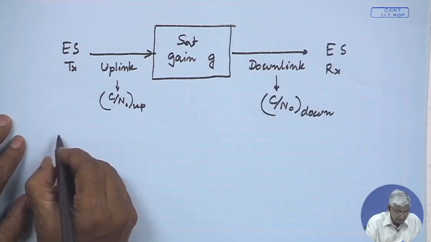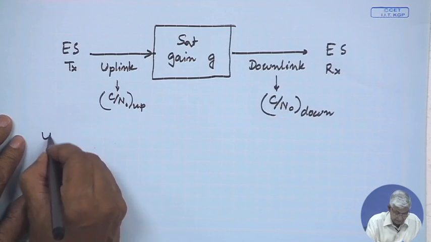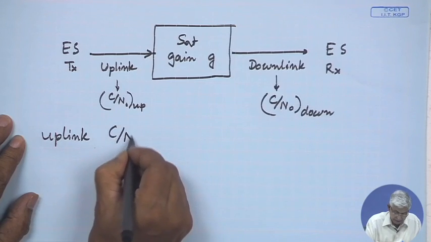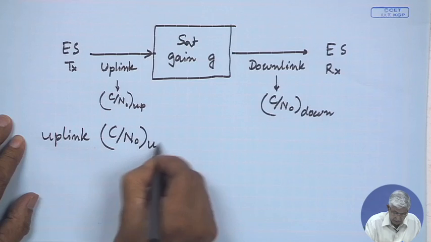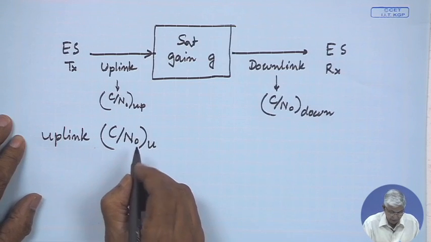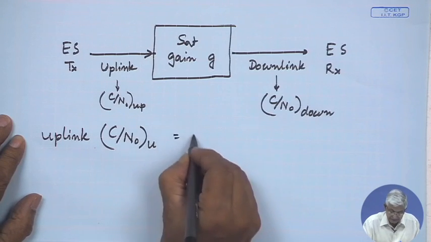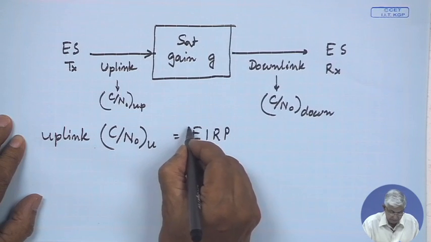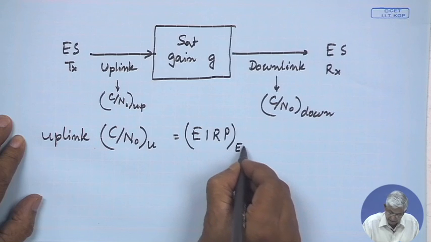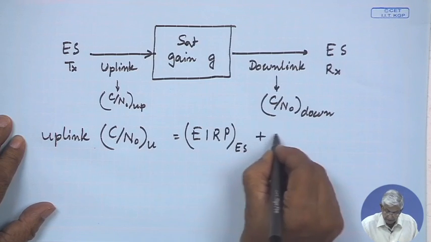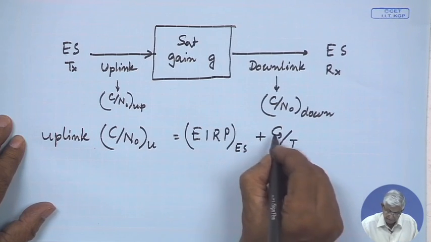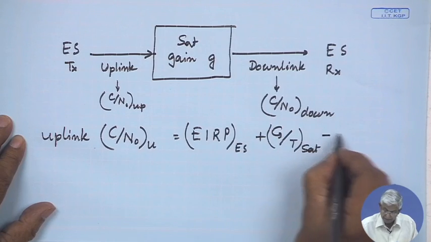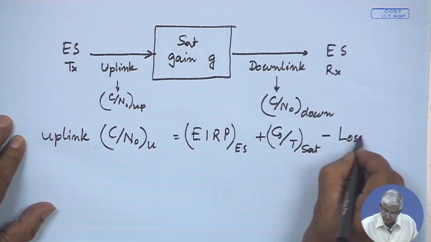So, we can write separately, for the uplink path, C by N naught, let us call it U instead of up, is the EIRP of the earth station plus G by T of the satellite minus loss.